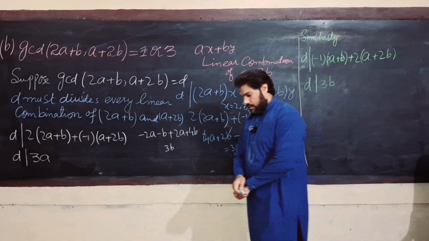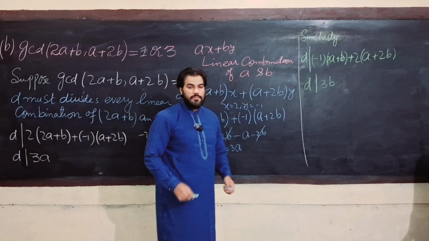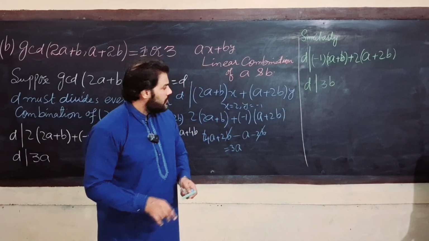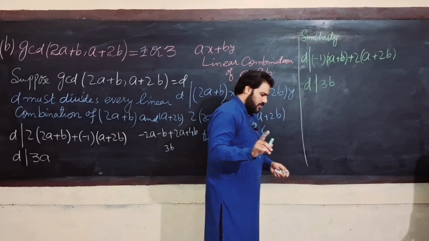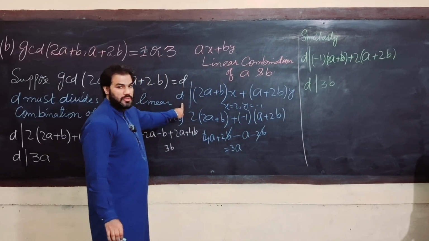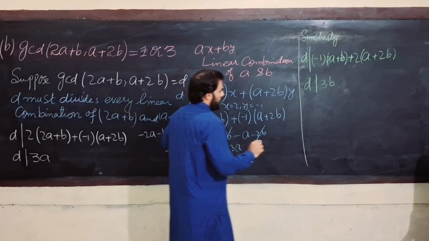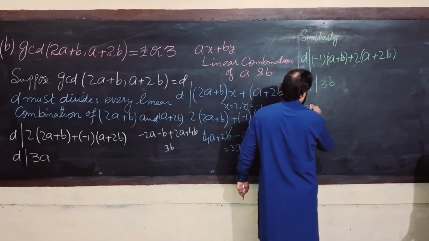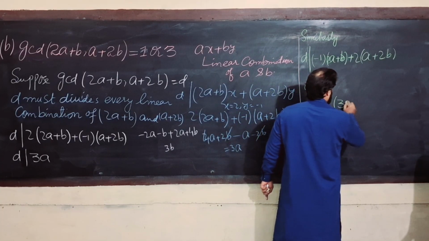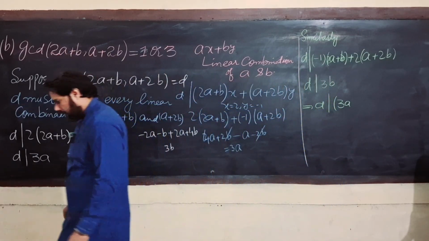Now here D divides 3A and here D divides 3B. It means D is a common divisor of both numbers 3A and 3B. As GCD is the smallest positive integer that can be expressed as a linear combination, this is the basis of the lemma. This implies D must divide the GCD of 3A and 3B.